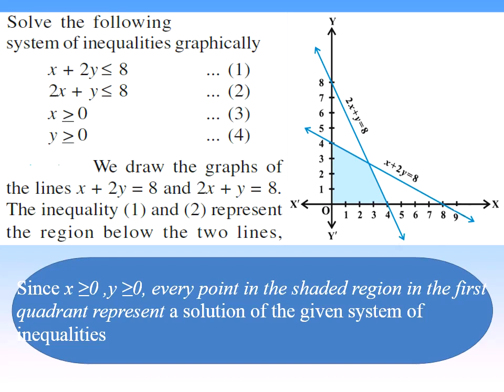But children, check, these two lines actually intersect at a certain region, which is bounded in the x-axis from 0 to 4 and the y-axis from 0 to 4. So we need to shade this part and we need to draw the thick line as the equality sign is present here.